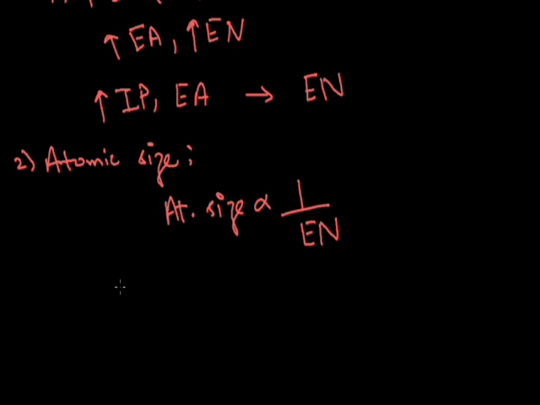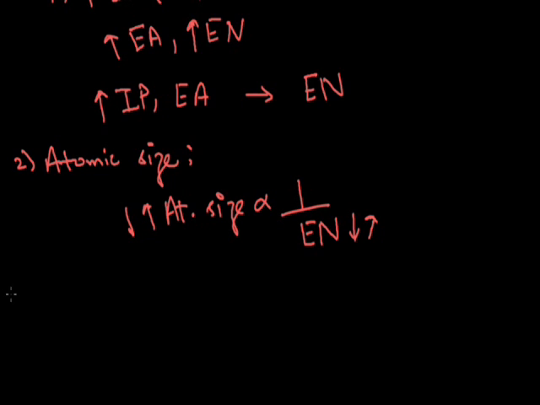This means that if the atomic size is more, then electronegativity will be less. If the atomic size is less, then the electronegativity will be more. This is what is called the inversely proportional relation. If two quantities are inversely proportional, then when one thing increases, the other thing decreases.